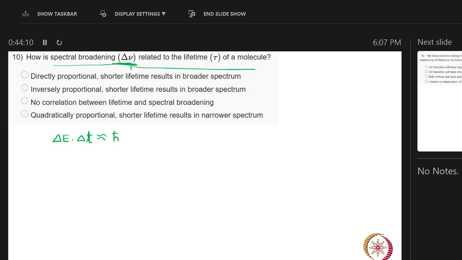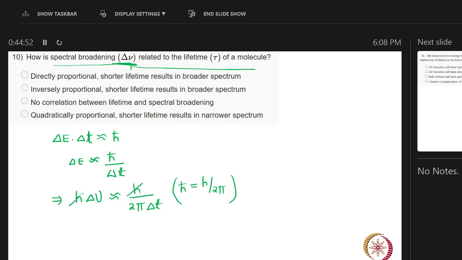So we can write delta E as h bar by delta T, and h bar is equal to h by 2 pi, so h by 2 pi delta T.